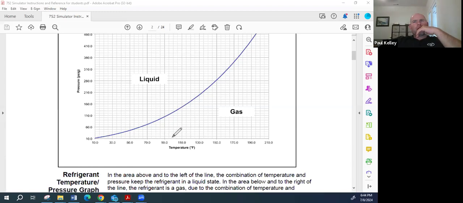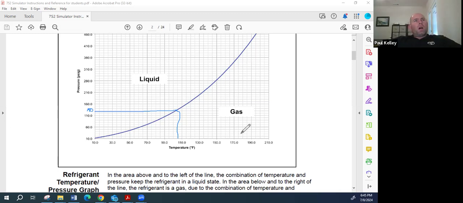I think this is 90, 100. 105, I think, is going to be about here. Should be getting a temperature of what? About 110, 120, 130. Should be around a 130 ambient, 130 static pressure.